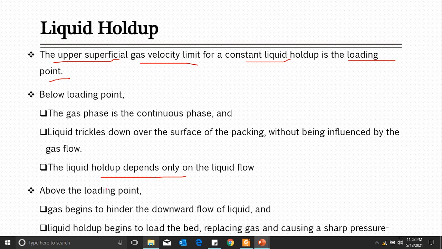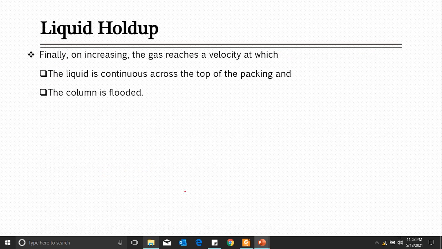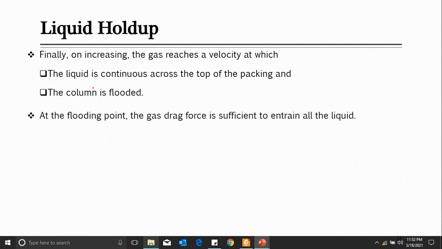But above this loading point, the gas begins to hinder the downward flow of the liquid, and as we already discussed, the liquid will start holding up or building up in the upper part of the column. If we keep on further increasing the gas velocity, we reach a point where there is a continuous liquid layer along the top of the packing, and the column will reach the flooding point.